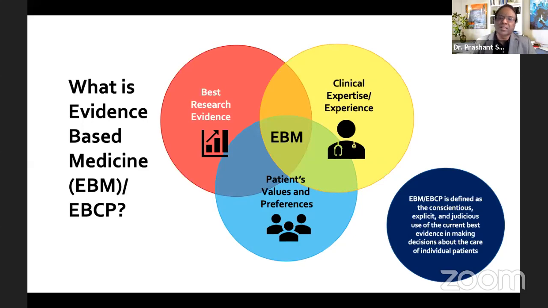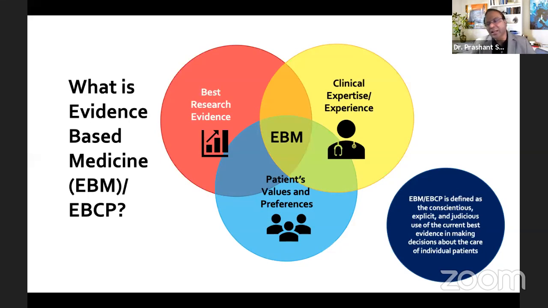Okay. So in the late 1970s, a group of clinical epidemiologists at McMaster University in Canada, led by Dr. David Sackett, published a series of articles about how to read and evaluate medical literature. Several years later, in about the 1980s, Dr. Sackett suggested applying this evidence obtained from medical literature to patient care.